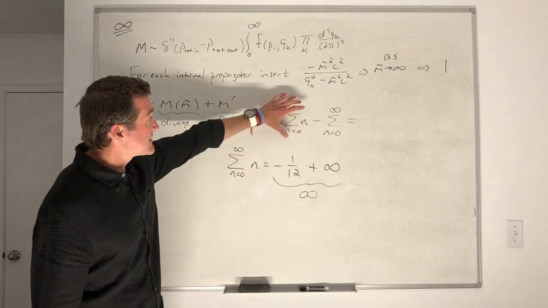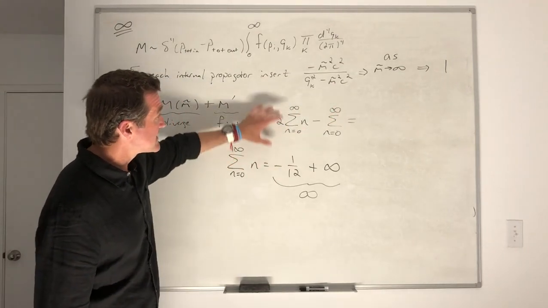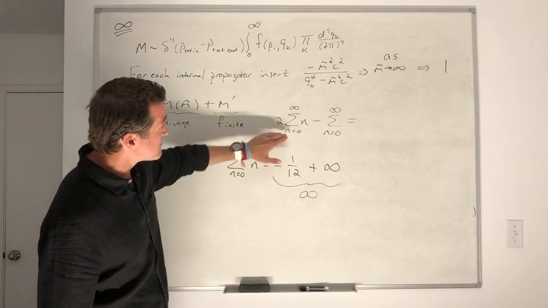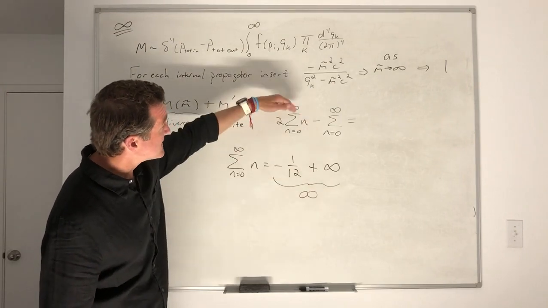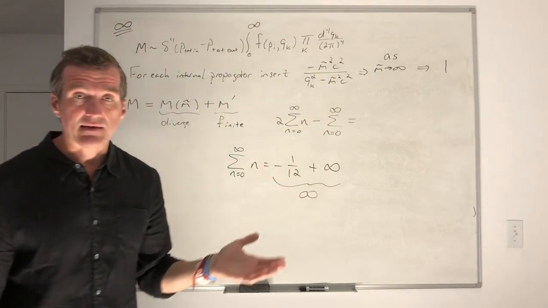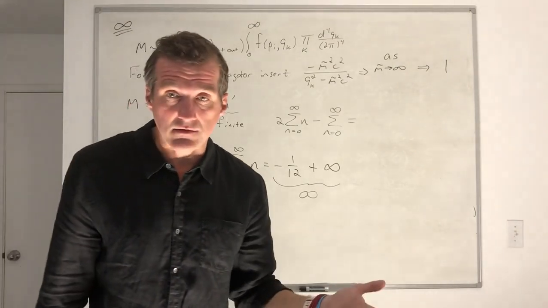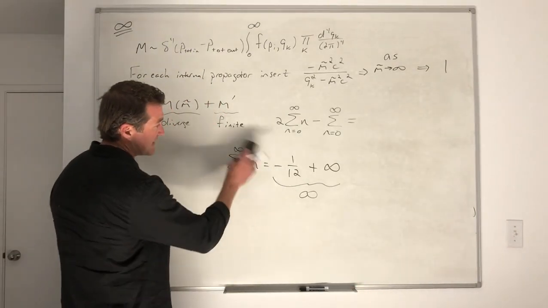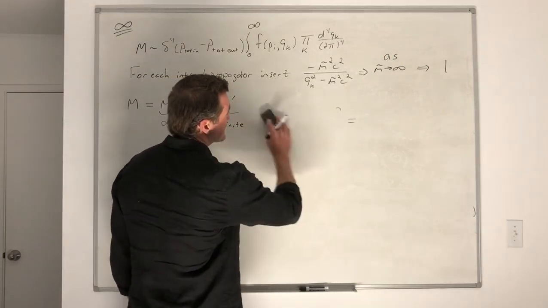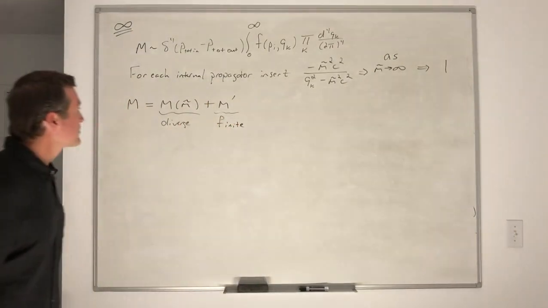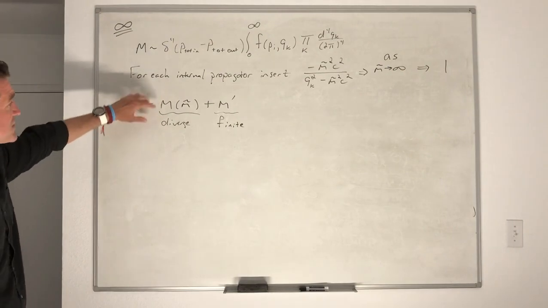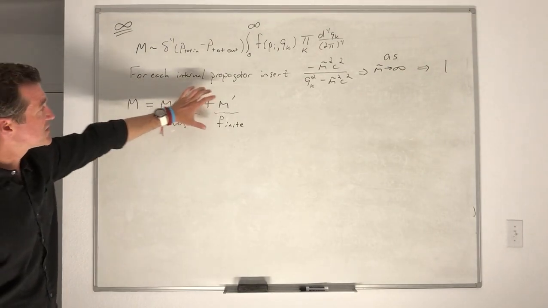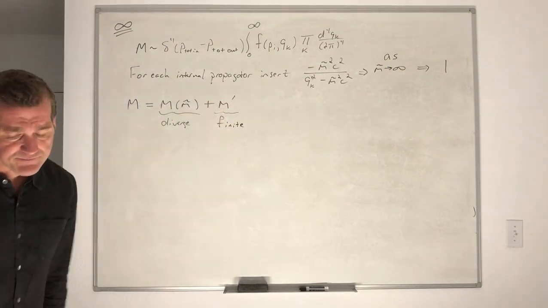But what if these have finite pieces? Then you can just say, oh, this is minus 1/12 plus infinity, plug it in here, and you get a finite difference, which is not 0. So this is the process of regularization in numbers, and the process of regularization in the matrix amplitudes roughly corresponds to this. We get a divergent contribution, and then we get a finite contribution.